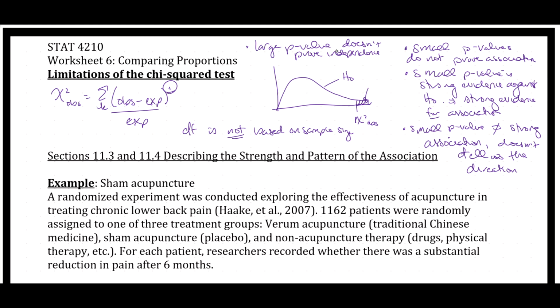We never prove anything. So we don't prove association does exist, but we also can't prove independence. Because we've based everything on the assumption of independence, we can't prove that it does exist. All we can do is say, well, our data are not compatible with an association, right?